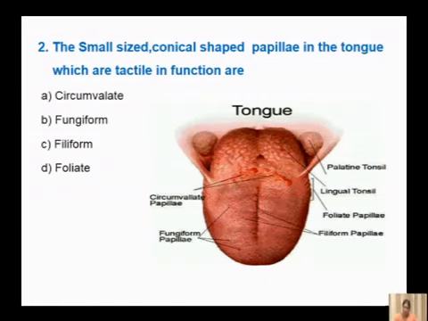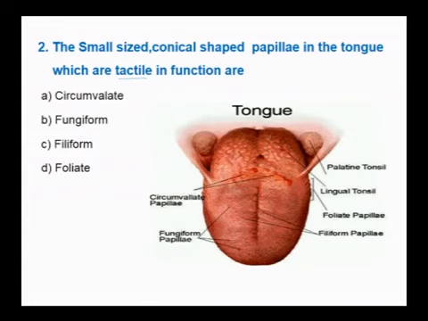This is the structure of the tongue. In the tongue, we have the various papillae: circumvallate papillae, fungiform papillae, filiform papillae, foliate papillae. The question is, the small sized conical shaped papillae in the tongue, which are tactile in function.